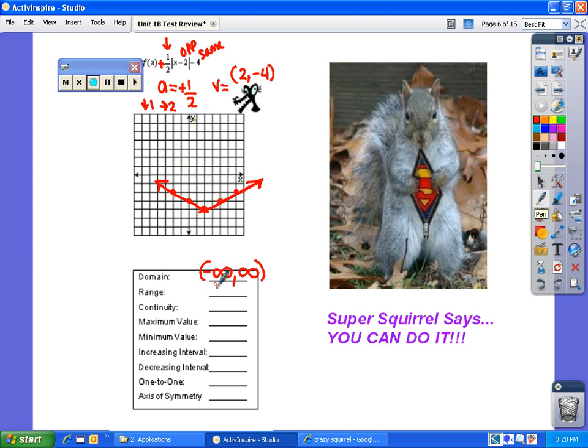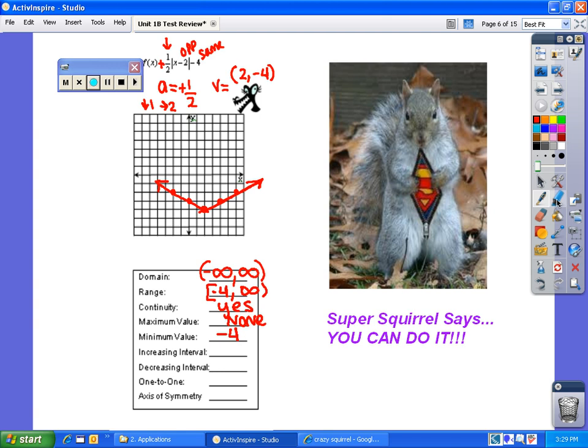So that means that it goes from negative 4 up to infinity. Continuity, yes, because I never have to pick up my pen when I'm going around it. We have no maximum value because infinity is not something you can measure. But you can measure negative 4.